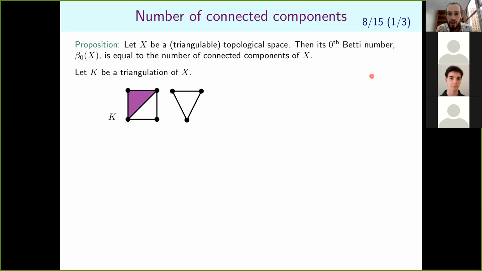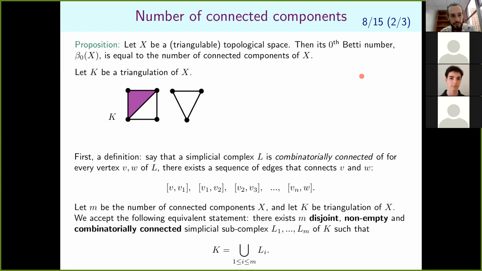Fortunately, we have another way of seeing it, because simplicial complexes are very nice to deal with combinatorially. I will define a combinatorially connected simplicial complex here. I say that a simplicial complex is combinatorially connected if for every vertices V and W, you can find a sequence of edges that connects V and W.